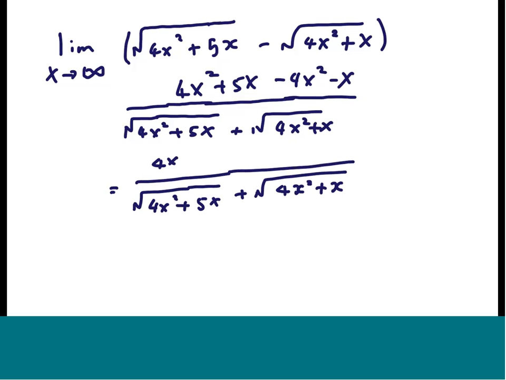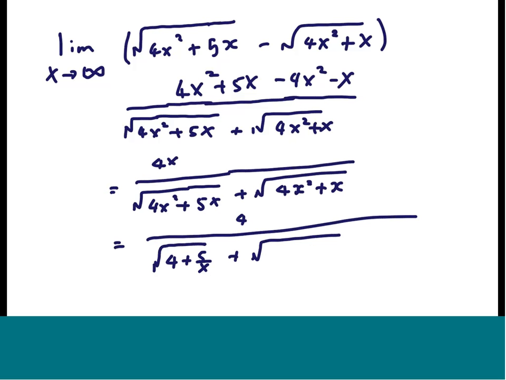Then we divide by x in both the numerator and the denominator. Then you have 4, then plus 5 over x plus square root of 4 plus 1 over x.